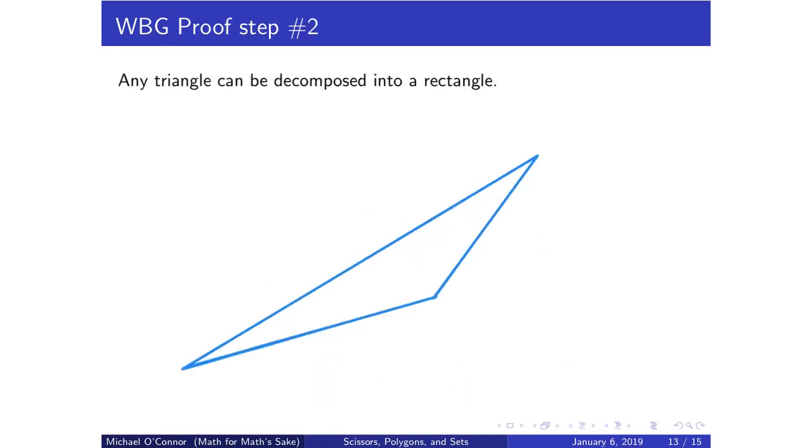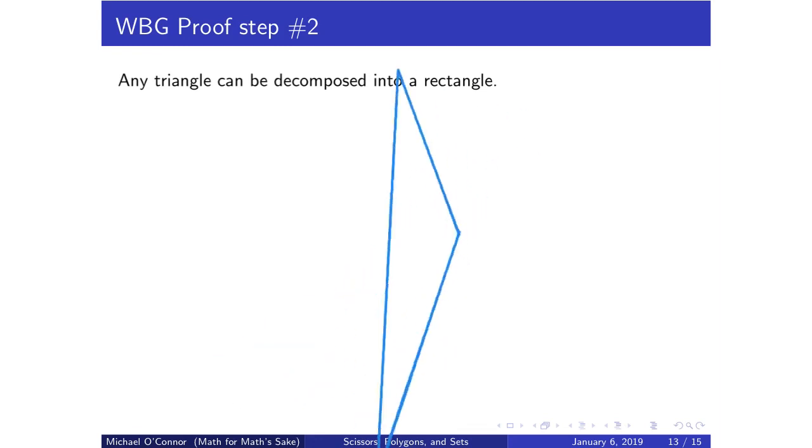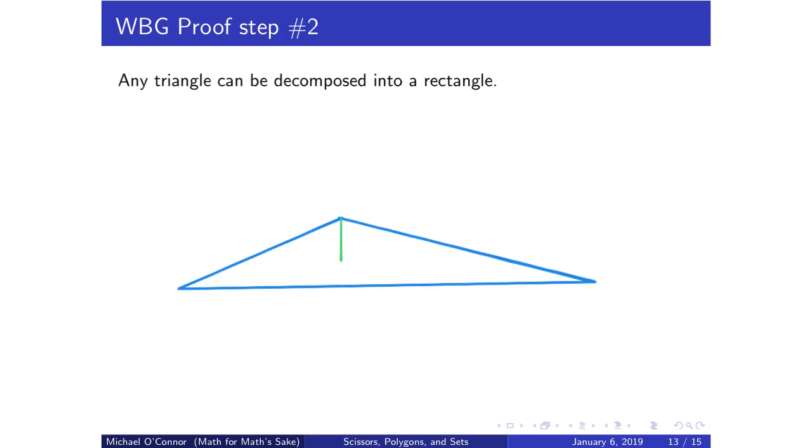So the next step is to show that any triangle can be decomposed into a rectangle. I think you can do this with some fanciness, but you can also just do it with a sort of straightforward decomposition. So you can do this just by starting with any triangle and rotating it so its biggest side is flat on the bottom. Then you can draw this, and it'll be entirely inside the triangle.